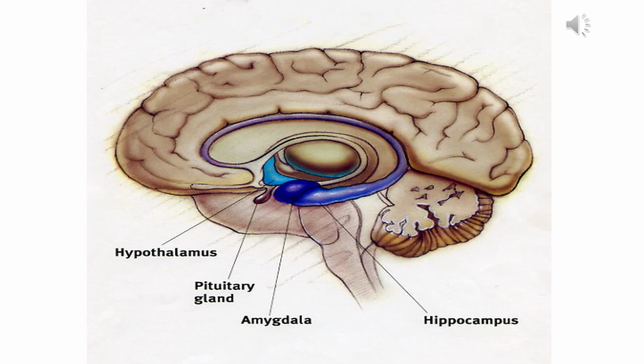Also shown there, the hippocampus. Remember that the hippocampus is the area of the brain where we process memories and make determinations as to what should be stored as long-term memory, what should be kept transiently as short-term memory, or what should be just simply discarded after a few seconds.